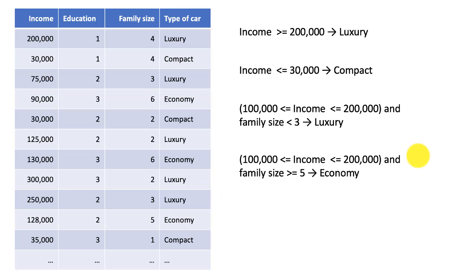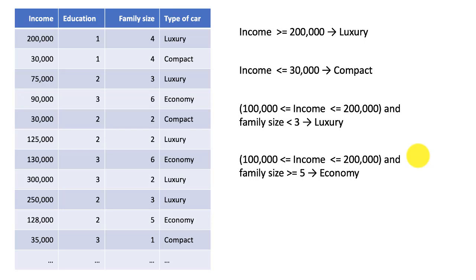Essentially, given a large data set which will have many thousands of rows and maybe dozens of columns, we want to have the computer go in, look at the data, and figure out rules like these that work well. Of course, we have things to do here. We want to define what we mean by a rule working well.